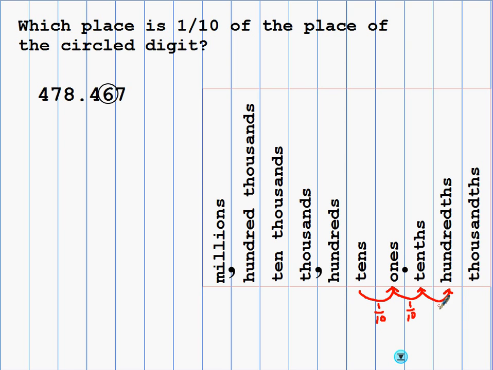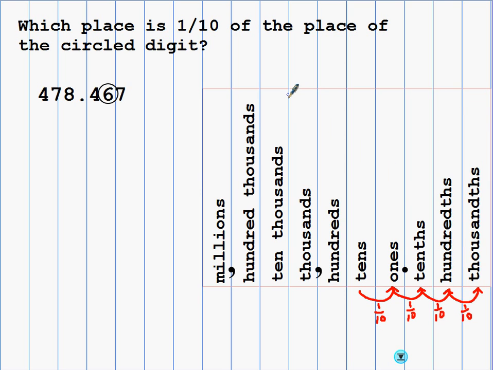Moving to the right again, the hundredths place is 1/10 the value of the tenths place. And then finally, the thousandths place is 1/10 of the value of the hundredths place.